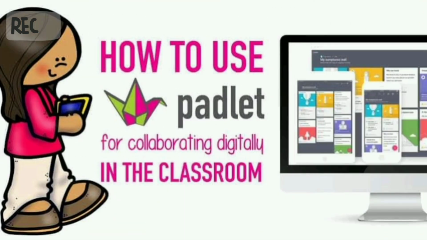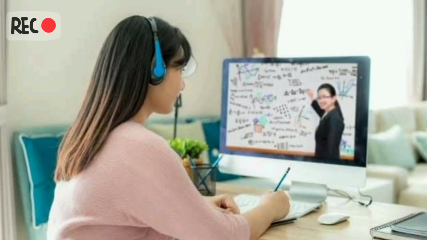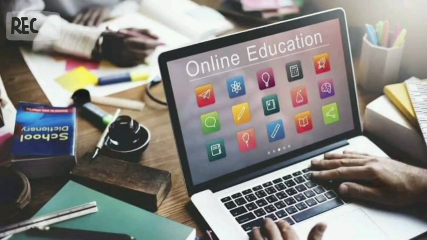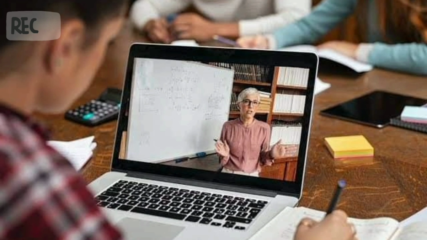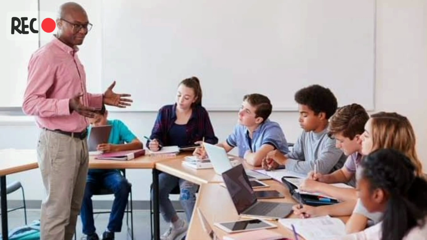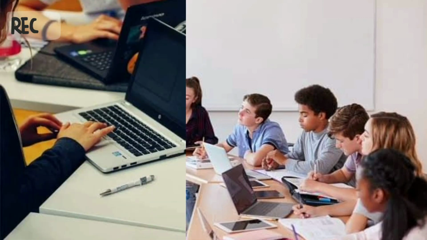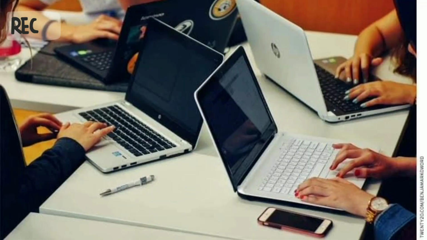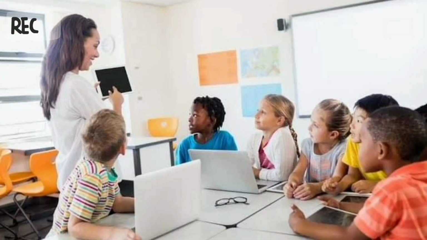How to use Padlet for collaborating digitally in the classroom. Over the years, technology has increased exponentially, enabling us to collaborate with a global audience and share information with ease. Teachers, however, still find it difficult to find a tool that makes their work efficient, user friendly, and authentic, with an environment that takes care of the safety and privacy of the students.